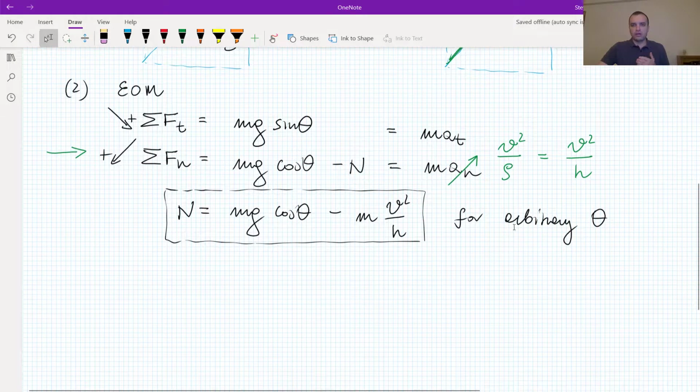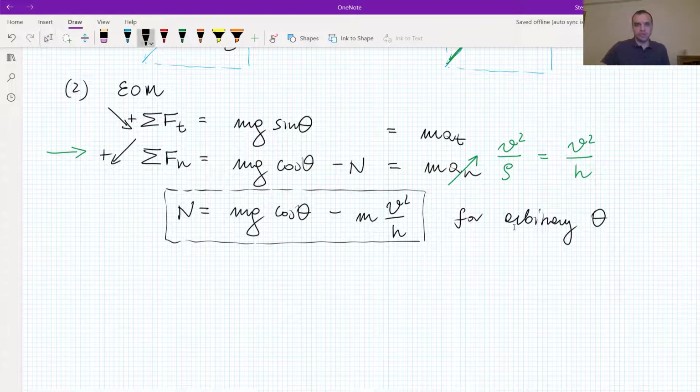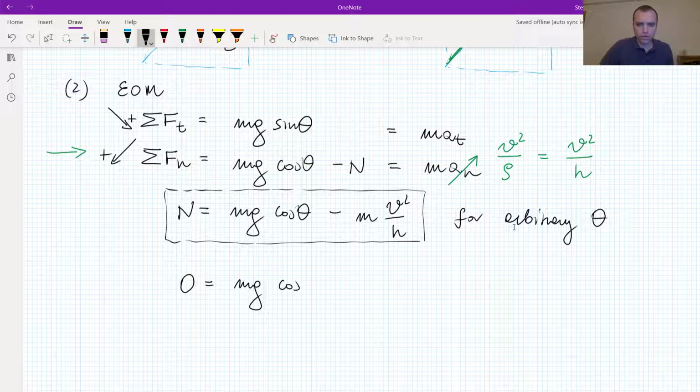We care what happens at very specific theta that our N is equal to 0. So we can write that 0 is equal to mg cosine theta, but this is a specific theta. So theta at which our particle will lose contact with the ground. So let me call it theta star minus m v squared over h.